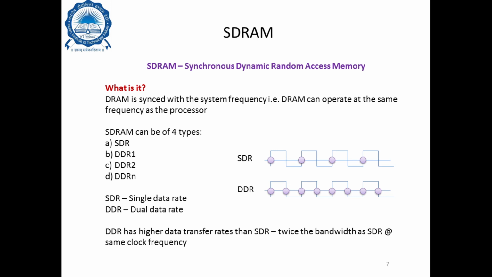So not once but twice every clock cycle we are able to transfer the data. Therefore DDR has higher data transfer rates than SDR. It has twice the bandwidth of SDR at the same clock frequency. So at the same clock frequency, DDR provides better performance than SDR, because of the higher data transfer rates, since we are transferring data twice every clock cycle compared to once every clock cycle in the case of SDRs.